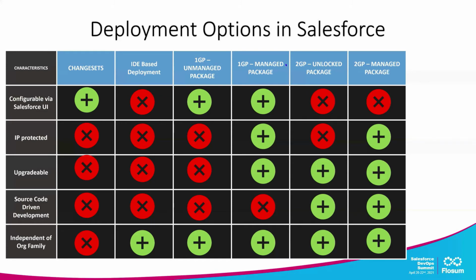You're probably creating delta package.xmls, deploying multiple times, but everything is only in your head, nowhere else. And then whatever is successful, you go ahead and put into GitHub, which is, again, not another approach to go about that. And it's definitely not configurable. There's no IP protection. It is not upgradable. And it's not source code driven unless you are really just updating the code into GitHub.